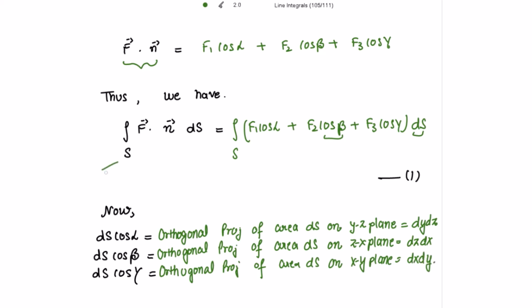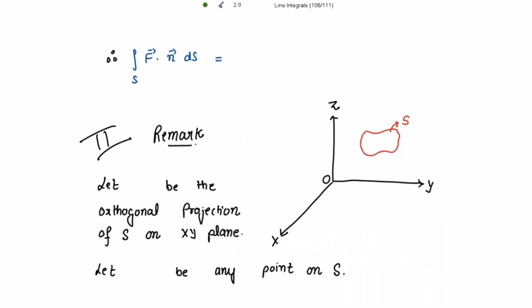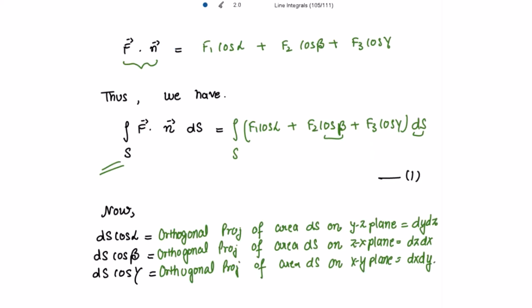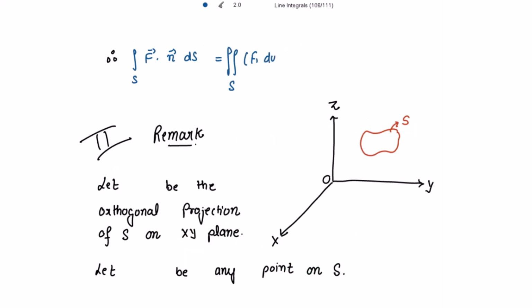So this integral of the dot product of f vector with n vector dS across S now becomes a double integral over S of f1 dy dz plus f2 dz dx plus f3 dx dy, right?